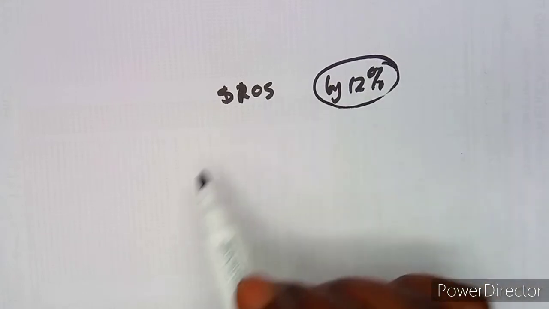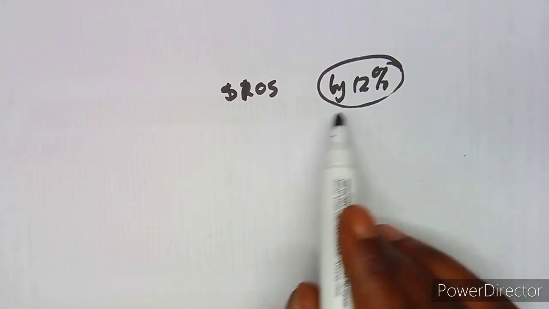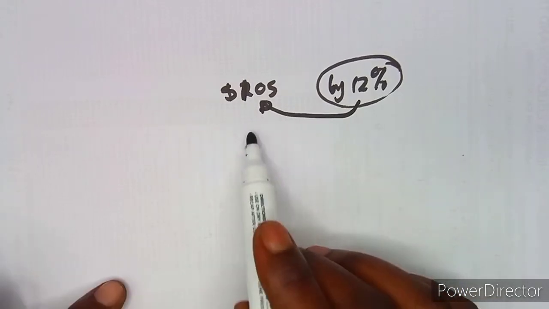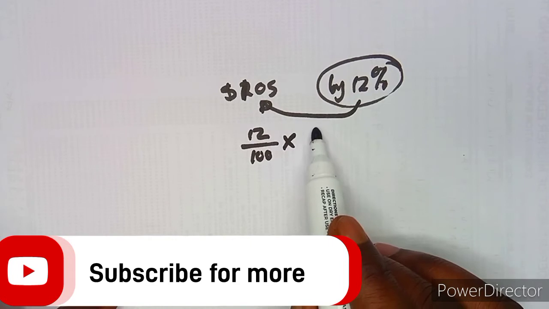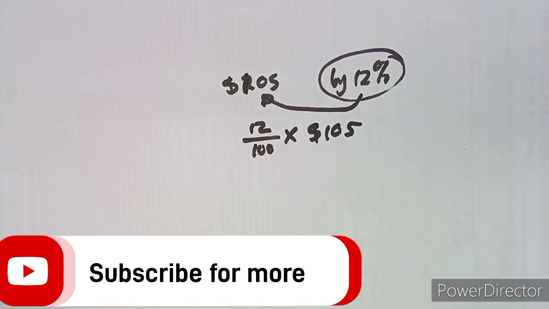If we are to increase by 12%, there are two ways that we can attempt this question. The first is to find 12% of this value, then we add, because it's an increase. So it's going to be 12 over 100 multiplied by $105. You're just going to simplify this.